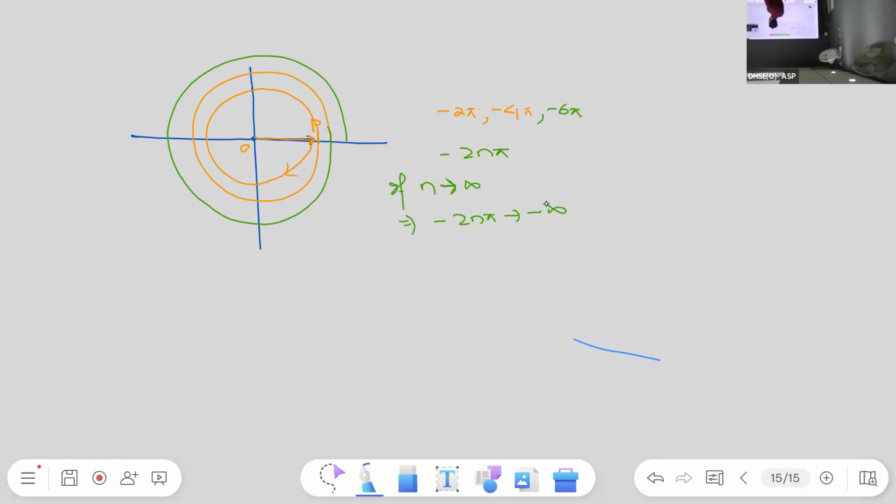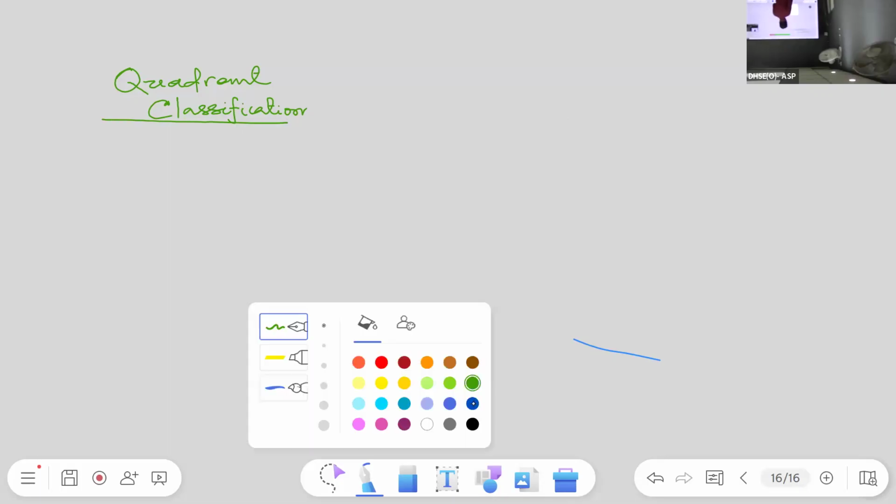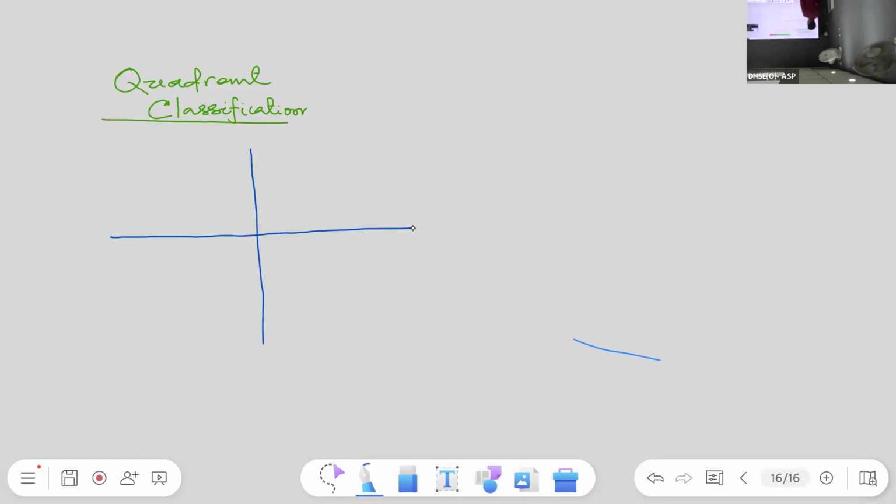Then come to quadrant classification. Whether it is a clockwise revolution or anti-clockwise revolution, you consider this position as the 2n pi region.